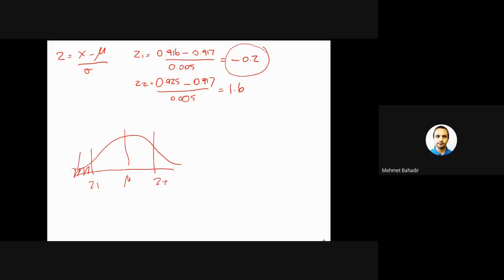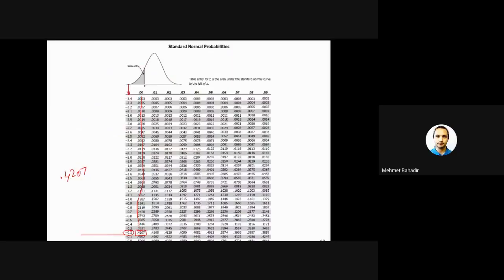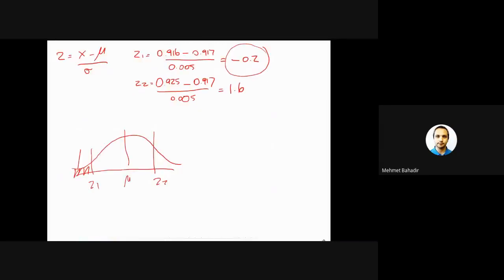This area is 0.4207, if I'm not mistaken. Yes. So our first area is calculated.